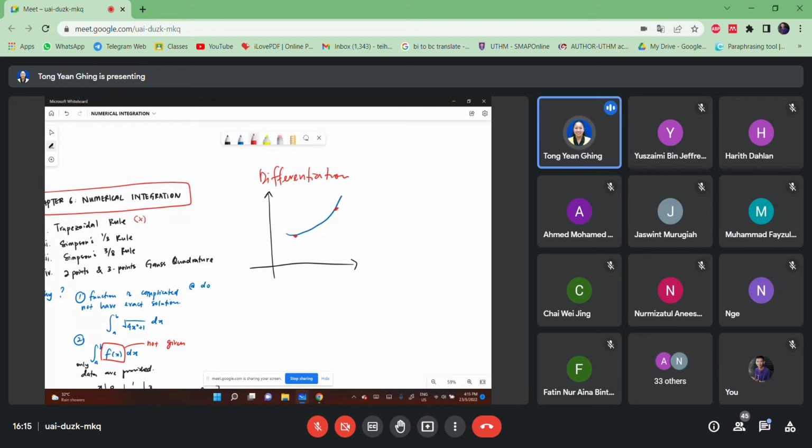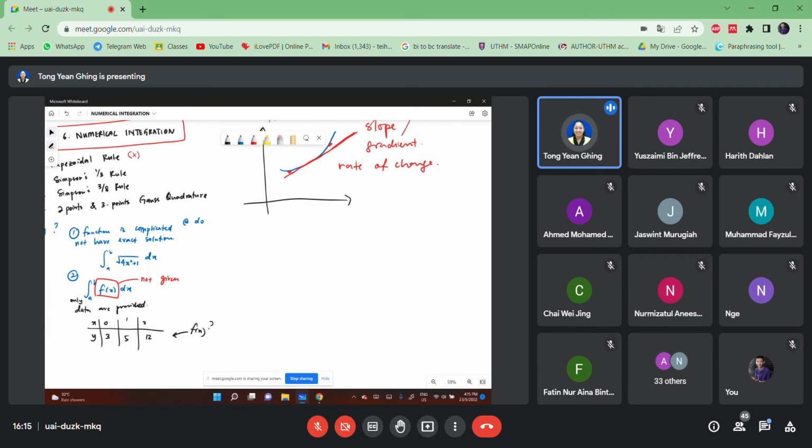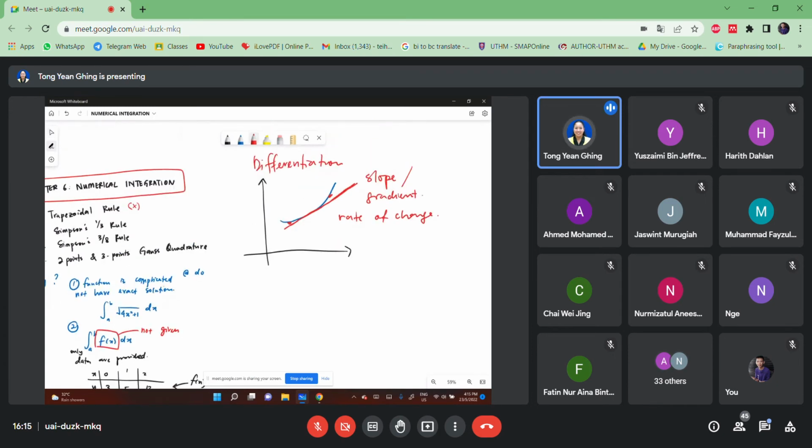Rate of change, the slope or gradient, normally this one. We want to find the slope, the tangent line here. Slope or the gradient, or rate of change.